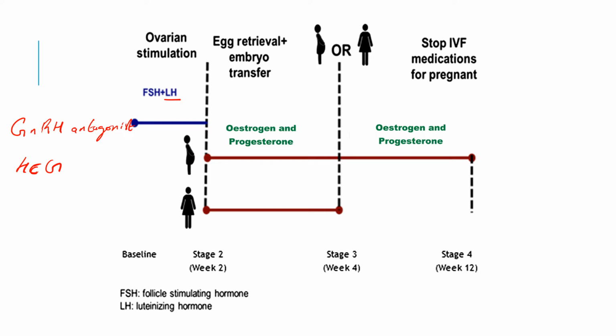At that time, the woman's uterus has to be prepared for pregnancy, to carry the pregnancy or accept the embryo, so other hormones are injected into the body, that is progesterone and estrogen. These two hormones prepare the uterus of the lady.